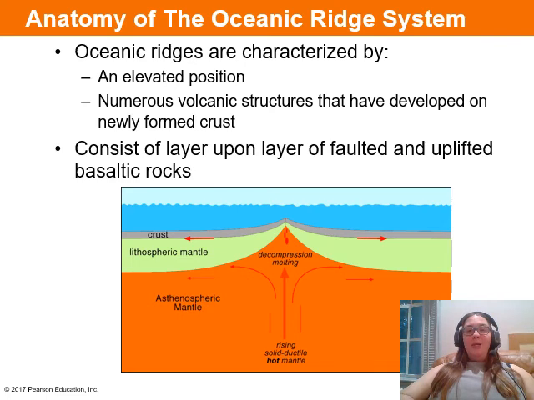So when we look at these mid-ocean ridges, one of the first things that we're going to notice is the elevated position in the middle. And then as we go off towards the sides, we'll notice that they get relatively flat. And this is, again, due to the fact that all of this magma is coming up towards the center where these two plates are diverging or separating, forming this newly formed crust that's going to be incredibly hot in temperature between them.